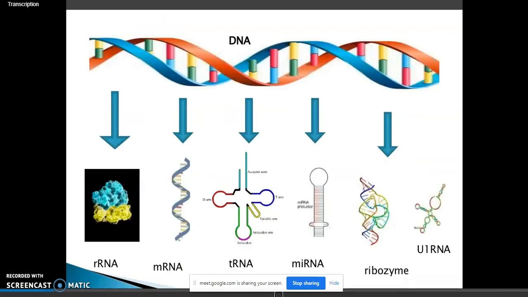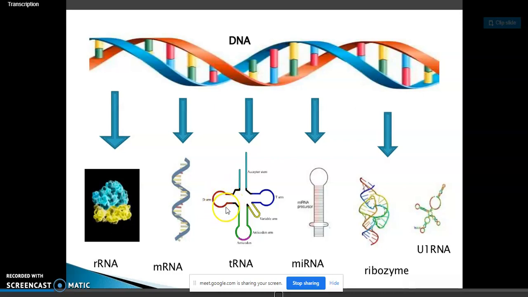The synthesis of mRNA is called transcription. This is the diagram that shows the different types of RNA present in our body. Ribosomal RNA, that means the ribonucleotide present in ribosome. Then mRNA, which is single-stranded, tRNA, which is also single-stranded but forms some base pairing. That's why it has formed a stem loop structure. Wherever it has complementarity, it forms hydrogen bonding.